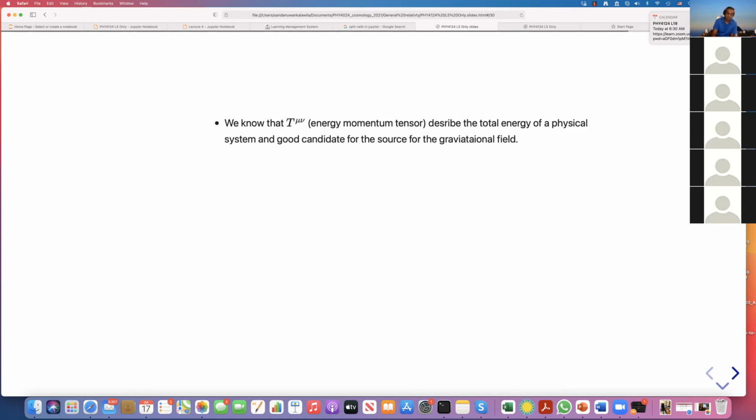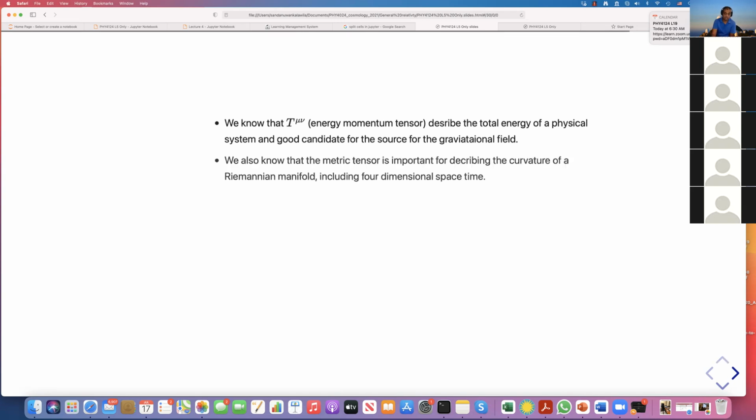And because of that, we can think that this T mu nu can be a good candidate for the source for the gravitational field. So we can assume that maybe T mu nu is what we have as the source, which maybe can be equivalent to that B that we talked about in the previous equation.